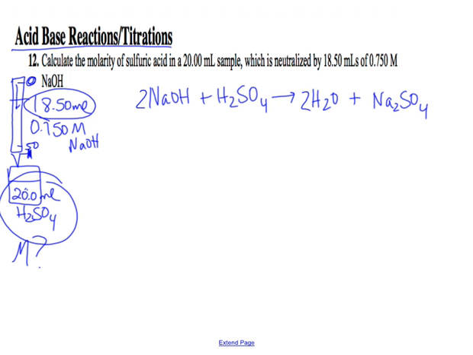Okay, so I'm just going to write, there are some general steps you take anytime you're doing an acid-base titration, neutralization. Again, you can do it just knowing what you know, but I want you to start thinking through steps. Your first step, whenever you've got something, this is what I call the known, because we know the concentration, we know the volume. You find moles of known is your first step. You're always going to know enough about something to find the moles of it, and that's your known.